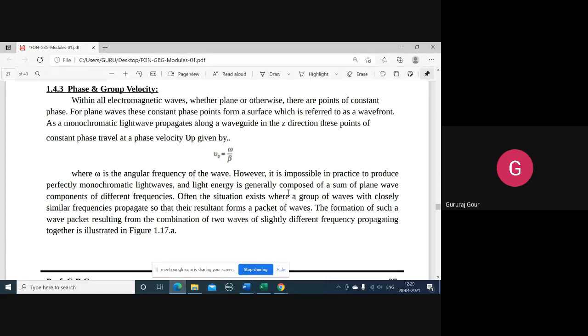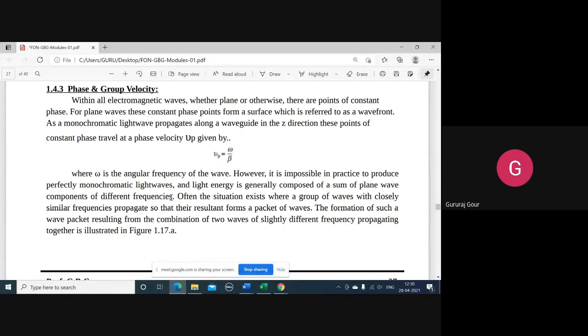Light energy is generally composed of a sum of plane wave components of different frequencies. So in conclusion, as it is practically difficult to generate a monochromatic light wave, it doesn't mean a single light ray. Monochromatic: mono means single, chromatic comes from the Latin chroma, relating to color.